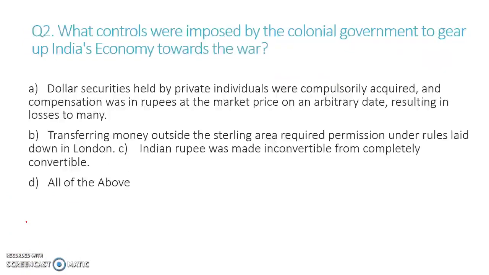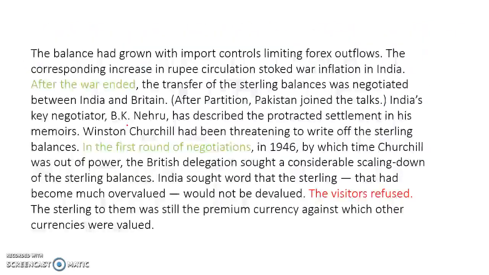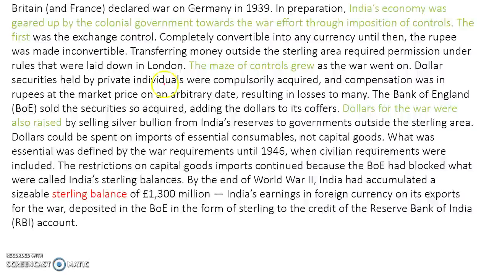What control was imposed by the colonial government to gear up India's economy? All of the above are the right answer. So all these things we have marked in our passage, and when you go to the passage, you see that all these controls are given here.